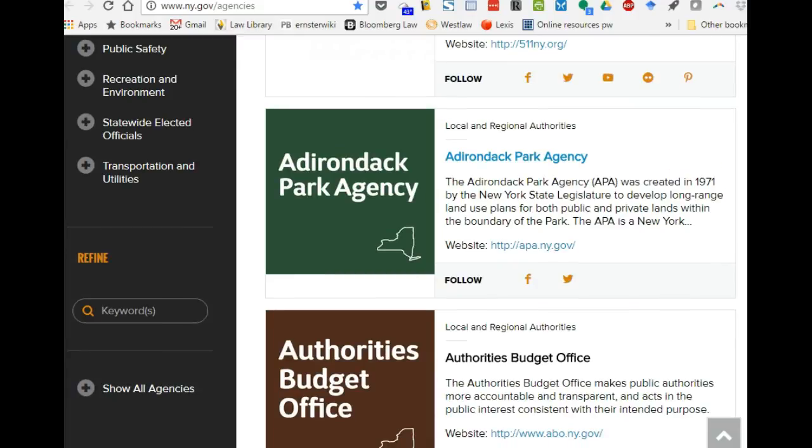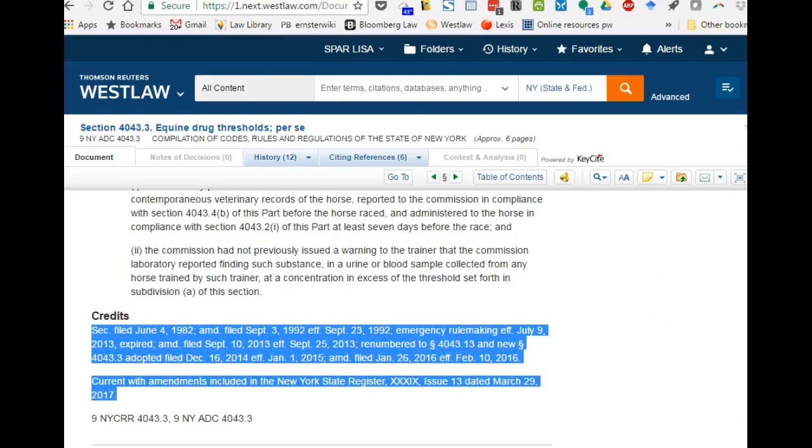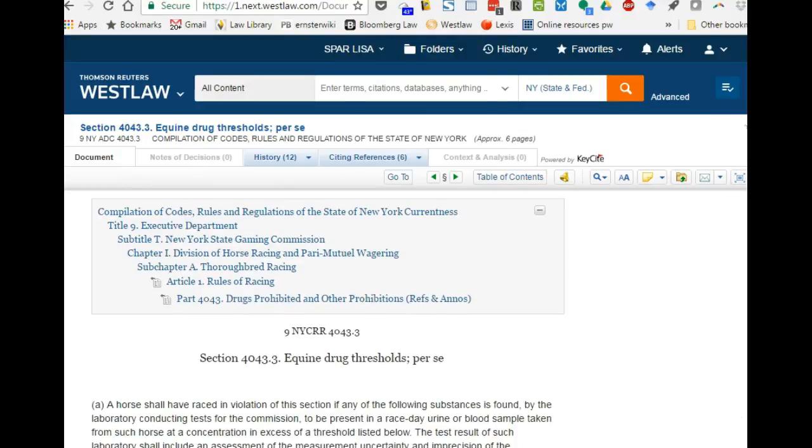And what I would have discovered if I wanted to do more research into the agency that issued our section regarding drugs and horses is that this is the New York State Gaming Commission.